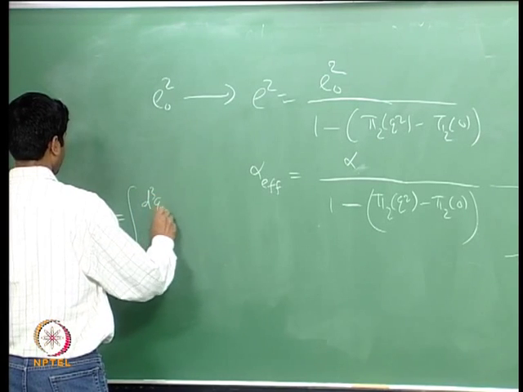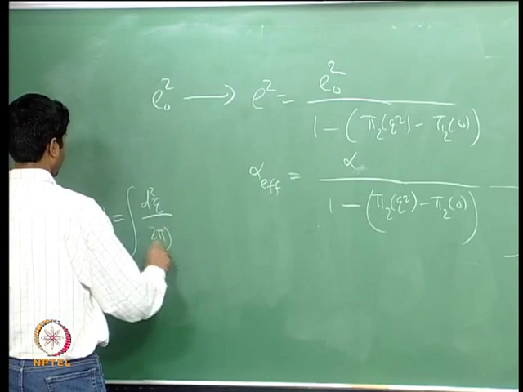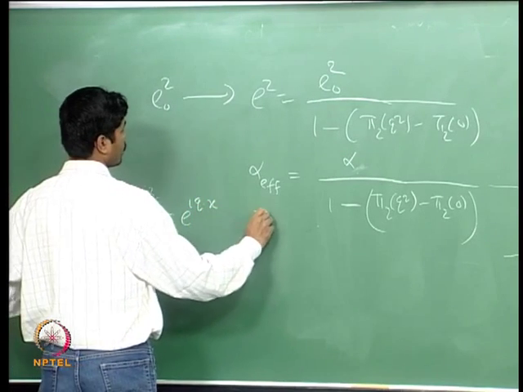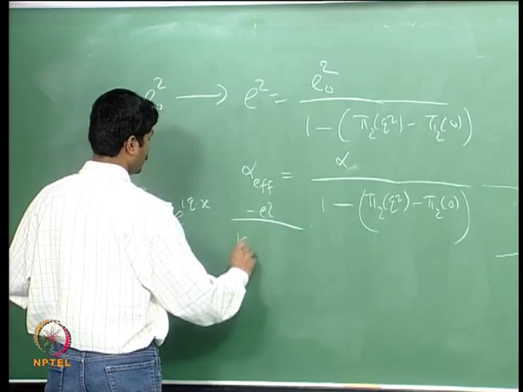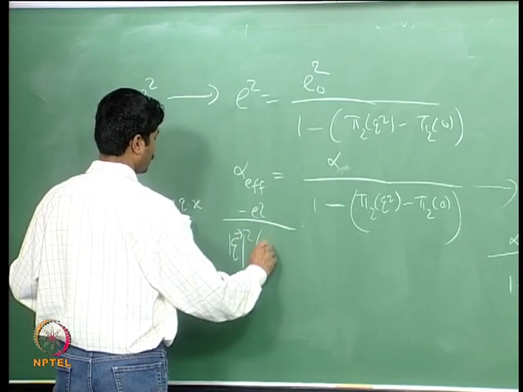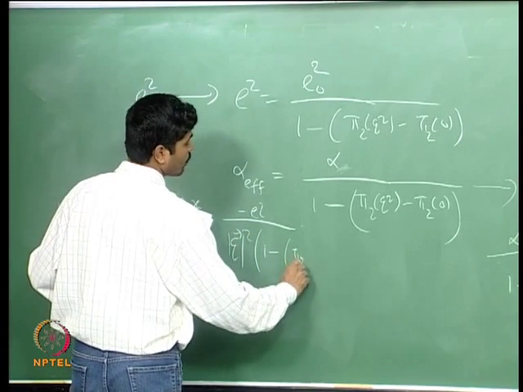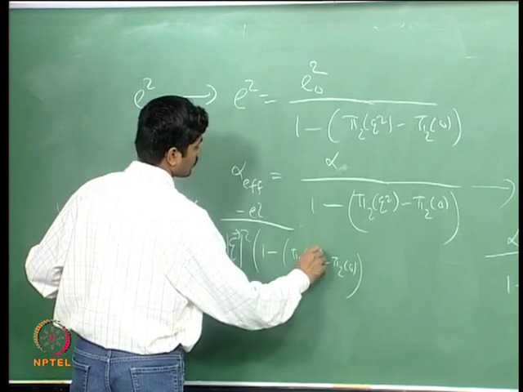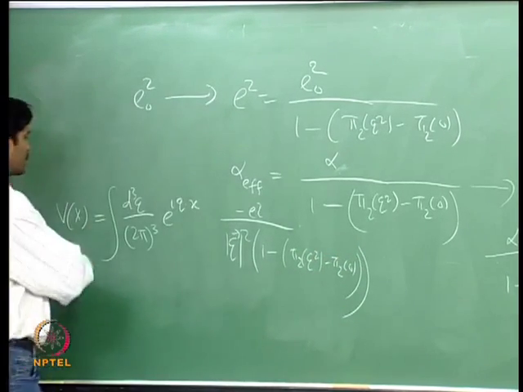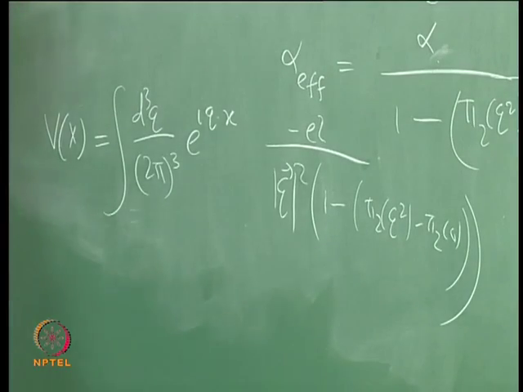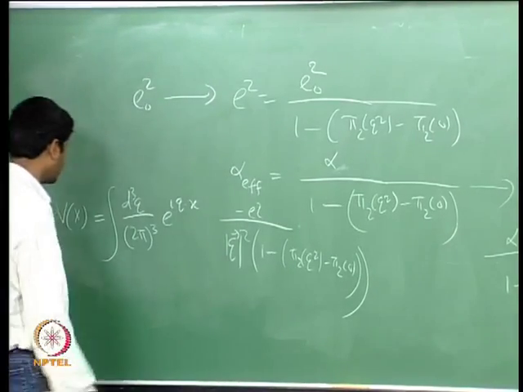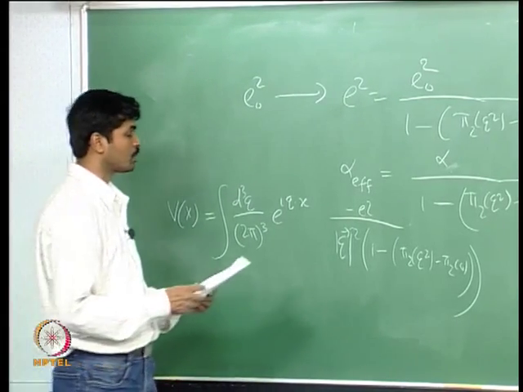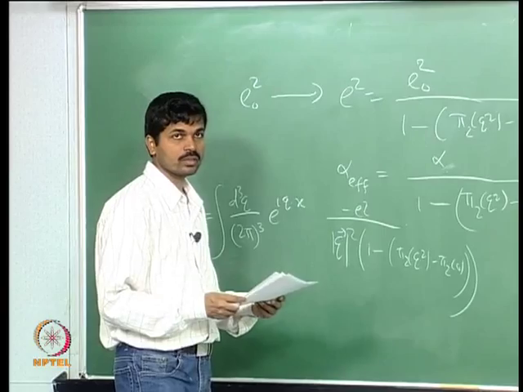So, this is d q over 2 pi cubed e to the power i q dot x minus e square divided by q square times 1 minus pi 2 of q square minus pi 2 of 0. So, this is what is basically determining the effective potential up to one loop order. All right.